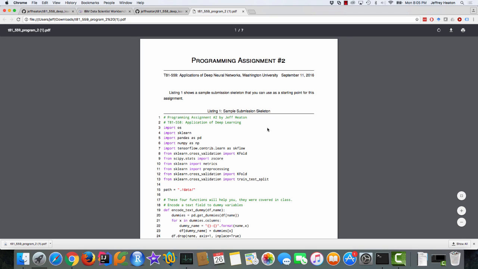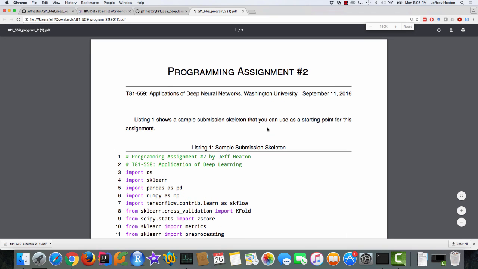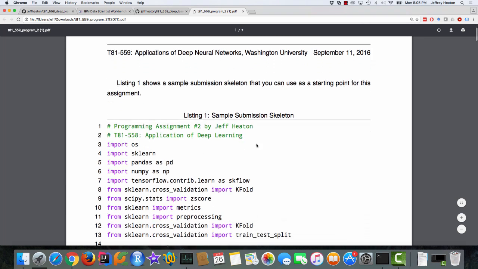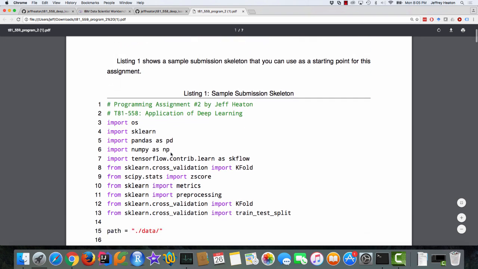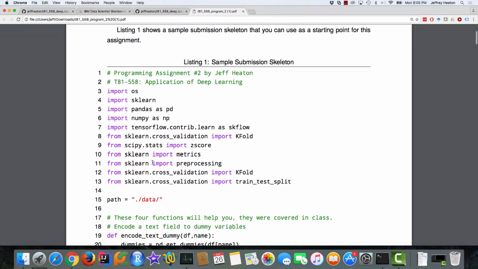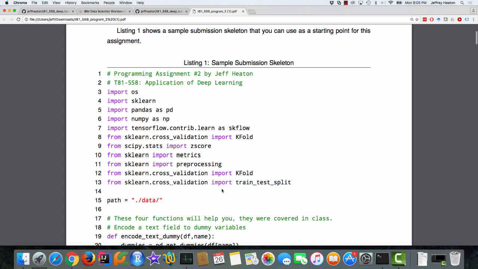Just like before, I give you a skeleton. The imports are very useful because this is literally taken from my own solution of this. So these are the imports that I used.